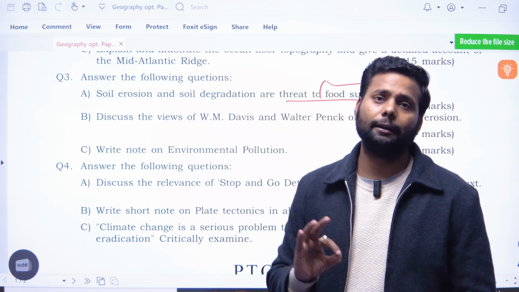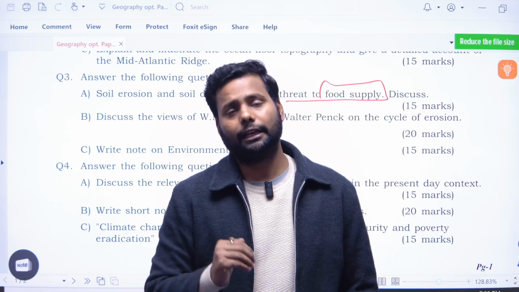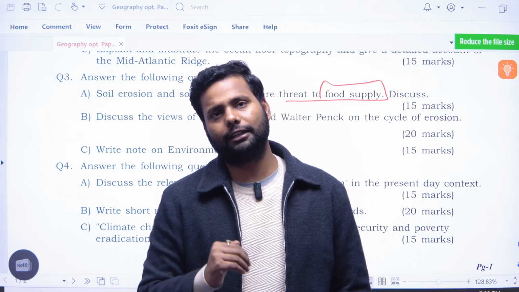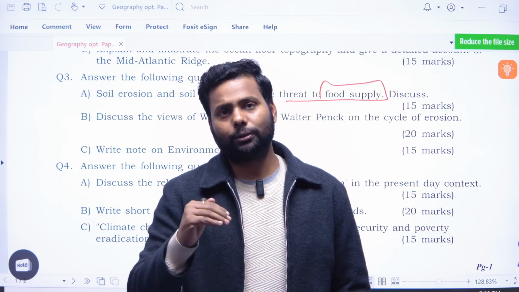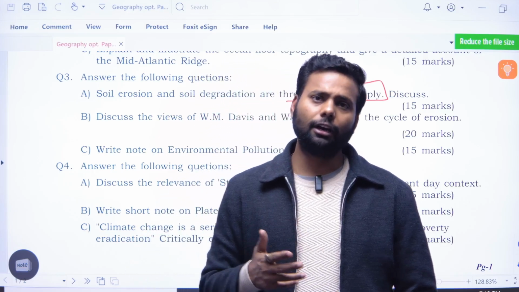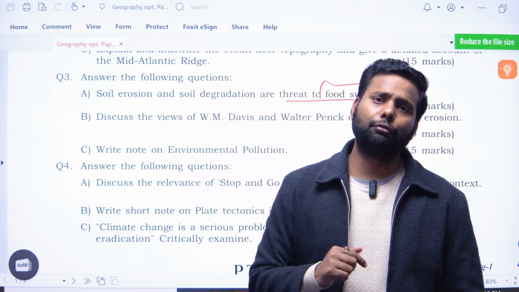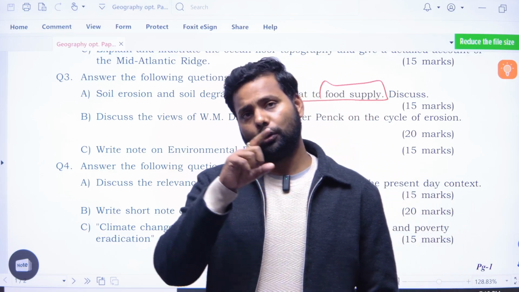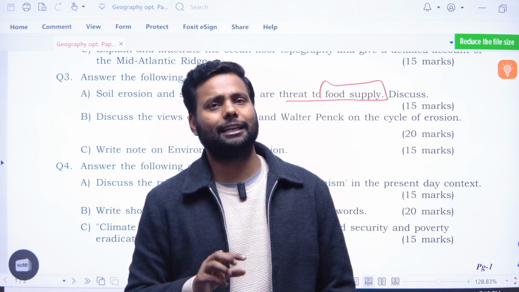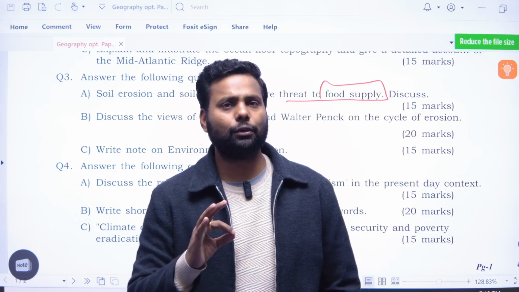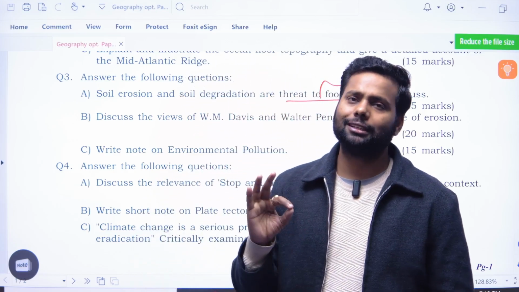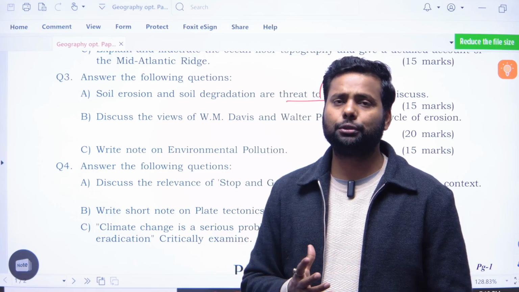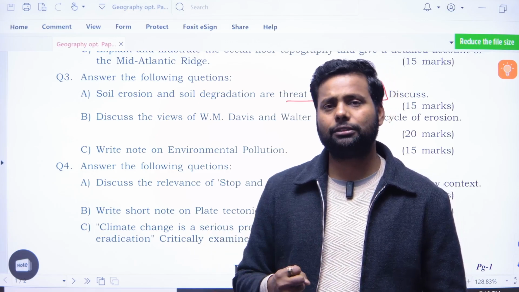We all know that if the soil is degrading, or if soil erosion is occurring, then it will impact food productivity, and when food productivity is impacted, the whole ecosystem of the food supply chain is threatened, and then a lot of issues arise around the world.